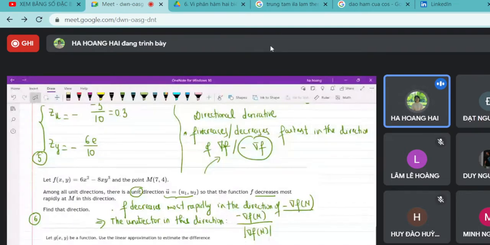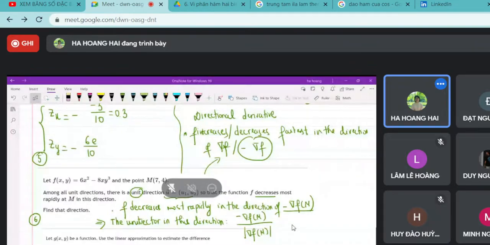What is U1? That is, you already take the minus.